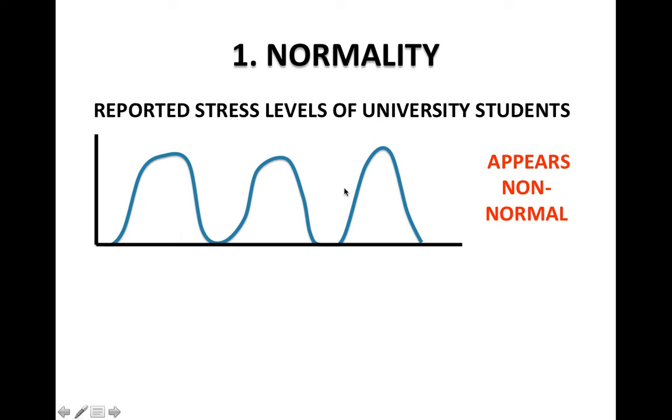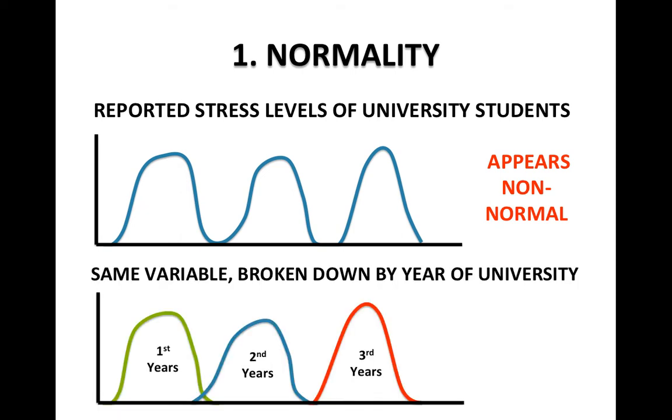So it appears non-normal. However, if we were to break down this same variable by year of university, we see that our first years are significantly less stressed than our second years, and our second years are less stressed than our third years. But what's important here is that each of these groupings has its own normal distribution.